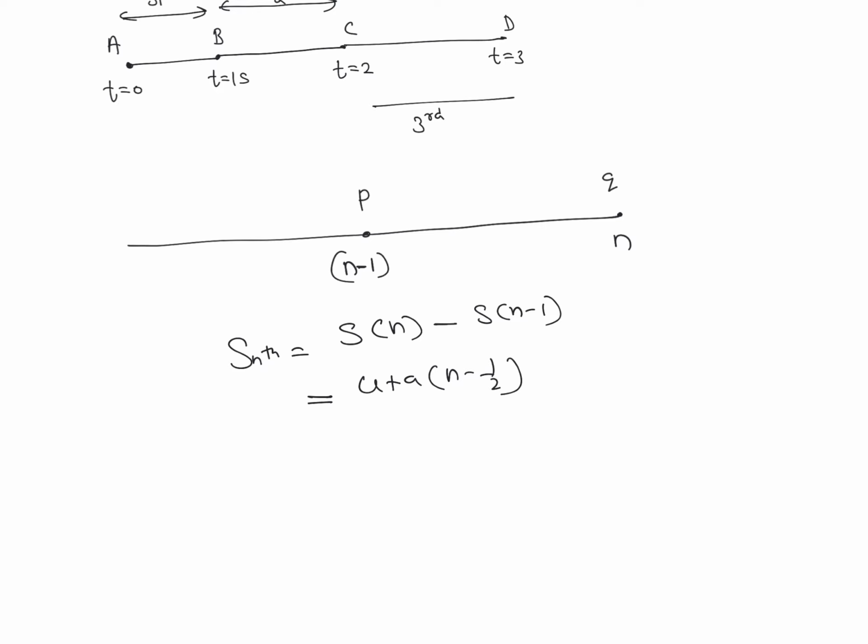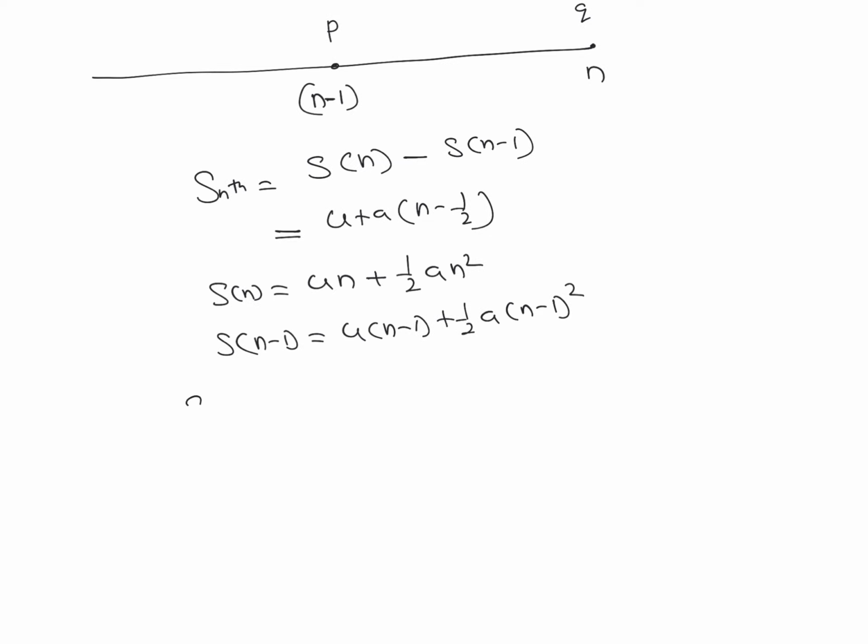Now if you want to derive this equation, we can write the distance traveled in n seconds. We can use the equation ut + (1/2)at². So it is u into n, instead of time we write n, plus (1/2) into a into n². And the distance traveled in n - 1 seconds is u into, instead of t we put n - 1, plus (1/2) into a into (n - 1) the whole square.